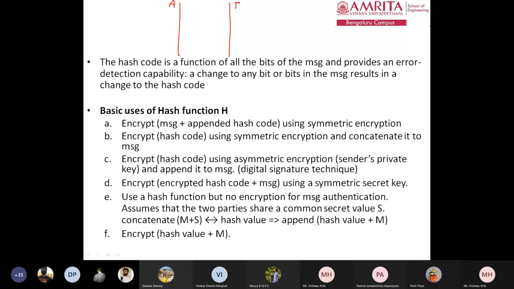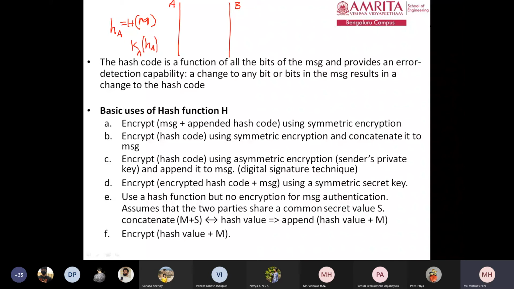Yes, sir. Okay. A, you have data, that is message. You have a data M, and you are giving this M to a hash function, and you call it H of A. Now you have H of A, which will be encrypted using the private key of A. Is that clear?